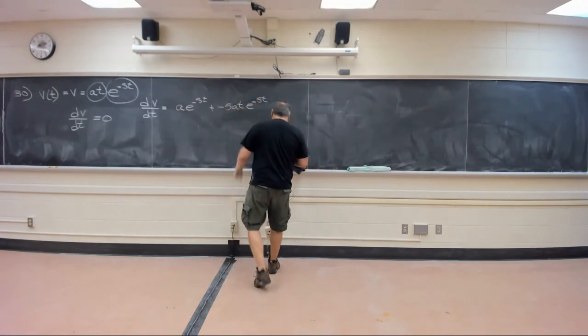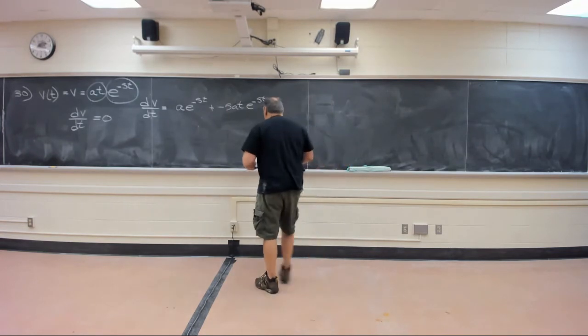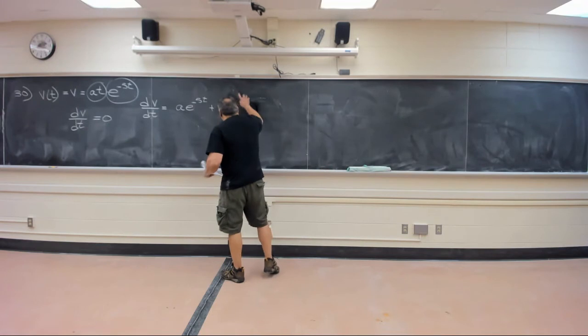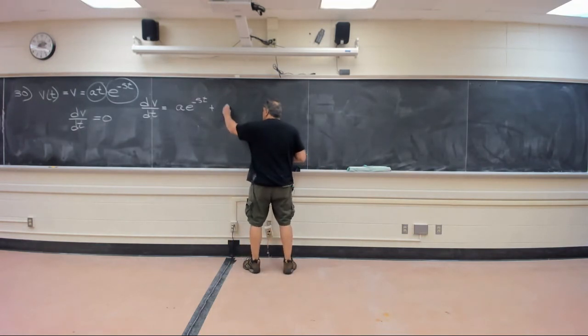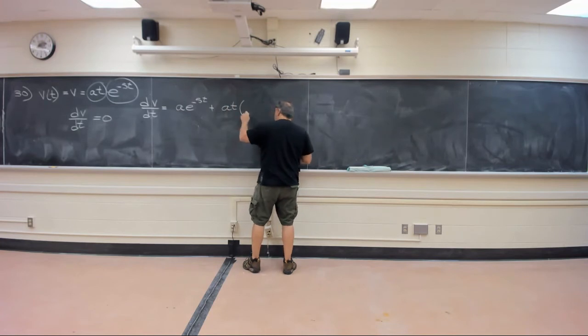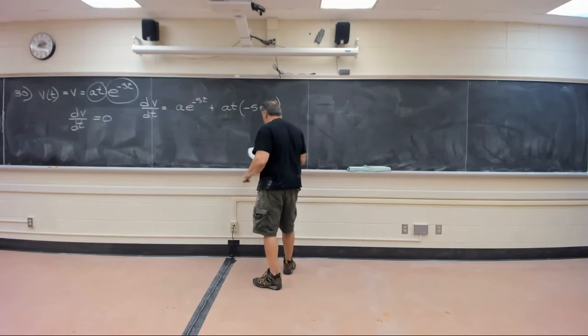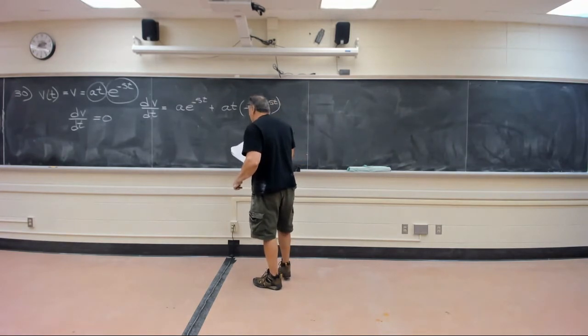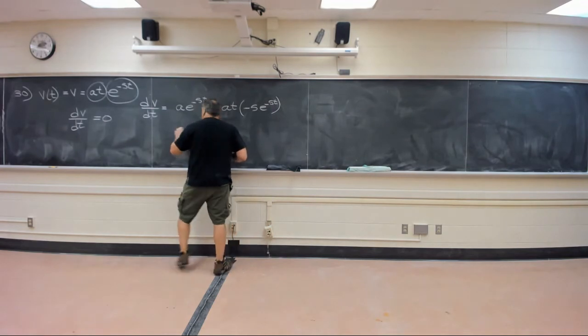If you grind it out, it comes out to there. Here's f, and the g prime is negative 5. At the end of the day, you've got to set it equal to 0.